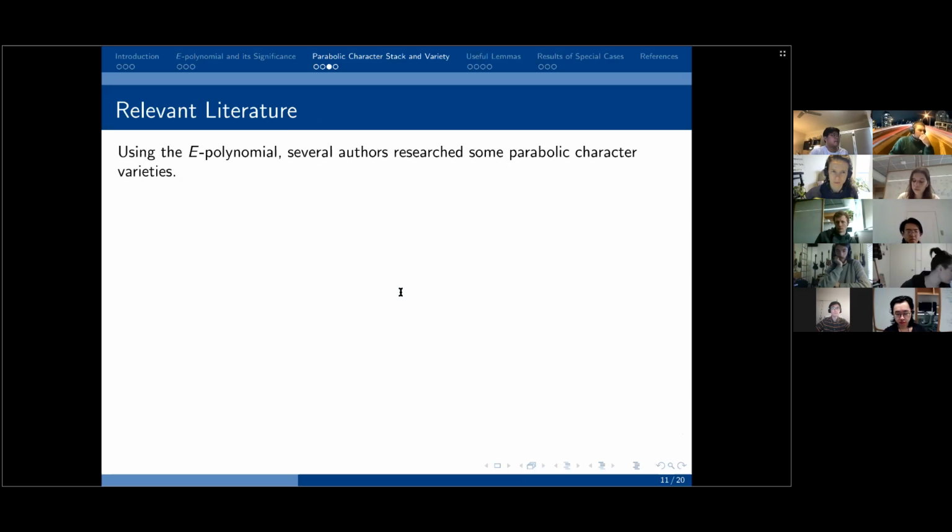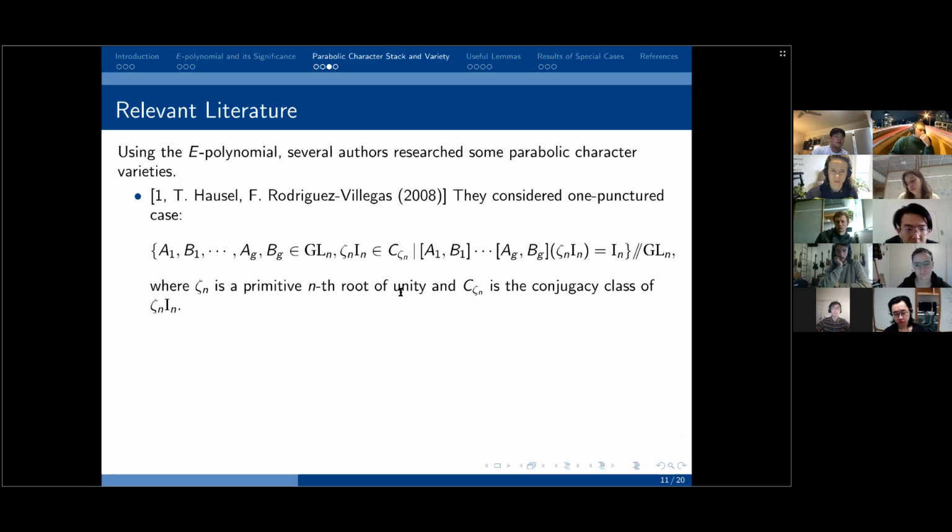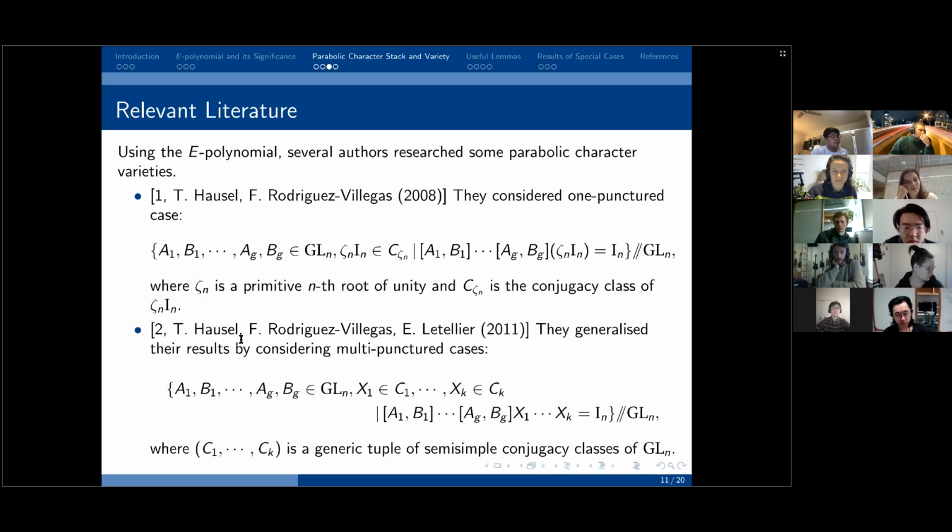here are several other results about the parabolic character varieties using the E-polynomial. At first, Hausel and Rodriguez-Villegas considered this one puncture case, and here zeta is a primitive root of unity. And moreover, Hausel and Rodriguez-Villegas later extended their result by considering the multipunctured case like this.